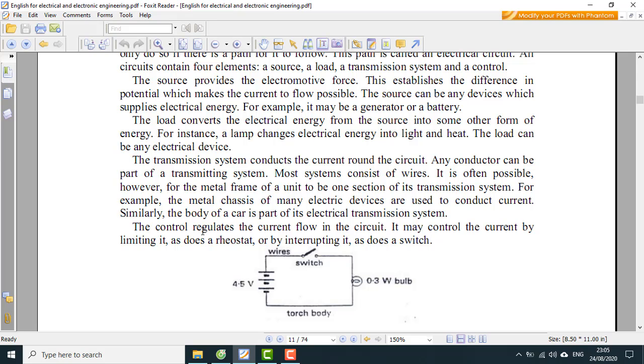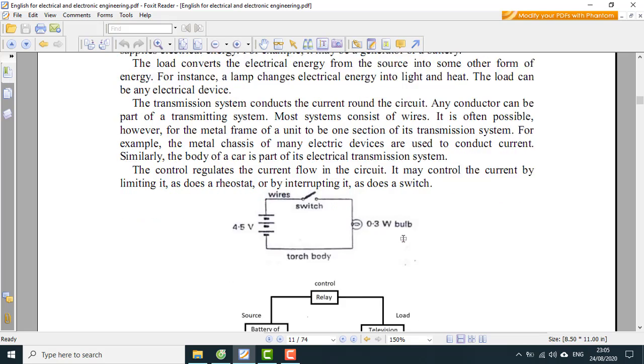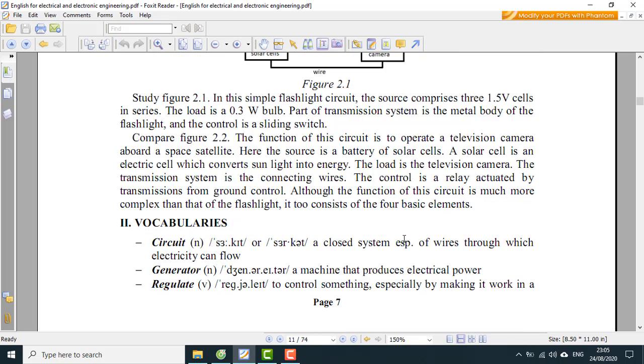The control regulates the current flow in the circuit. It may control the current by limiting it, as does a rheostat, or by interrupting it, as does a switch. See Figure 2.1.